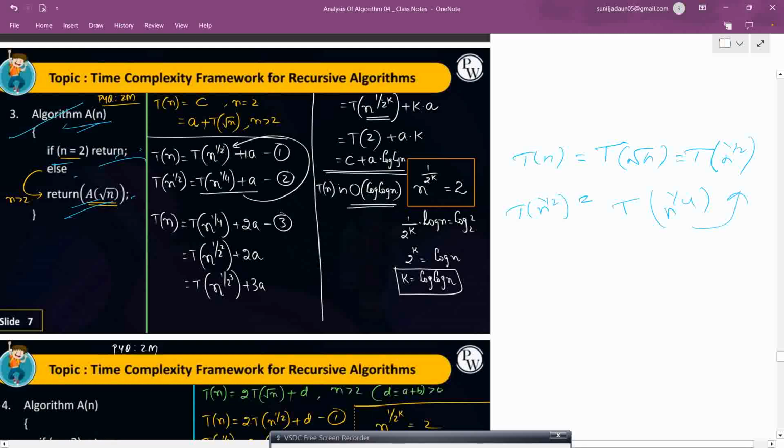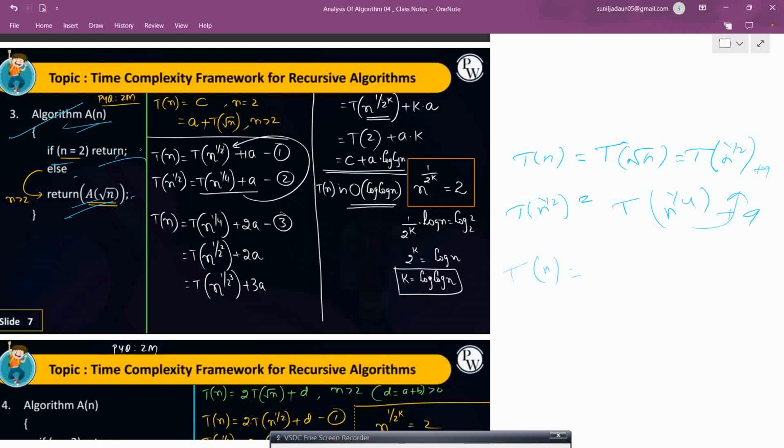Substitute this, that T is equal to... plus a here also, plus a here also. So what could it be?